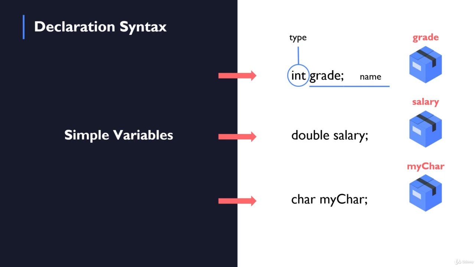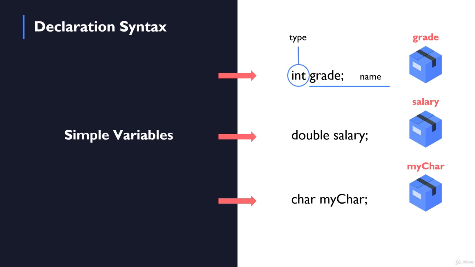A simple variable is just my analogy to let you understand more easily how arrays work, okay? So we define different simple variables with different names and different types. That's it. And that's basically what we've learned so far.